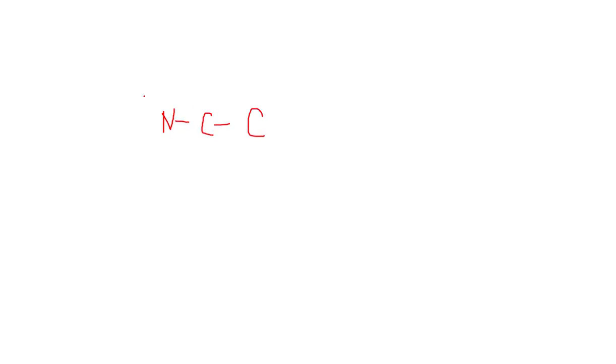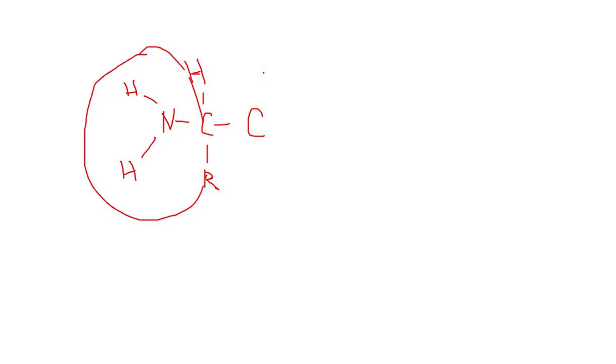For any amino acid, you have the amino group and you have the carboxyl group. And there's a variable chain, which we usually call R. So this is the amino group, and then the carboxyl group is over here, C double bond O, OH. So this is the carboxyl group.